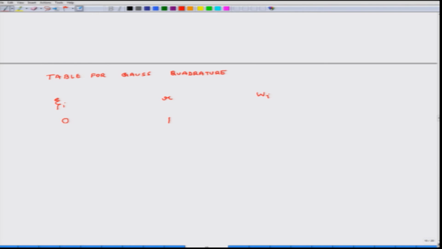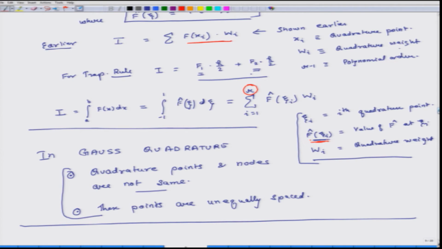So, it will be in the center of the element, okay, and the weight will be 2. So, if you are using one quadrature point to do the integration, you do f hat evaluated at 0 times that weight, which is 2.